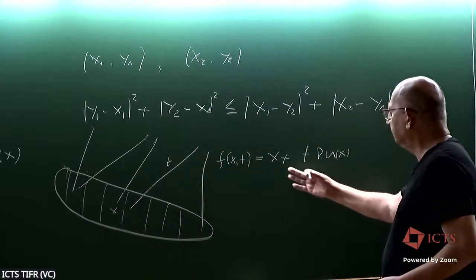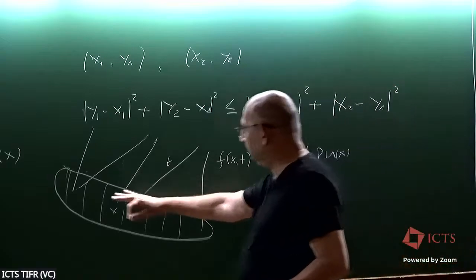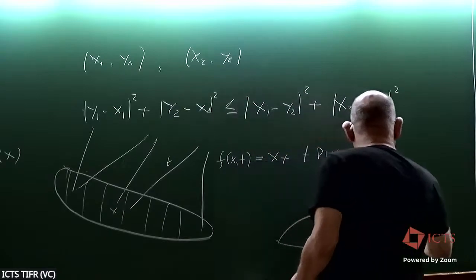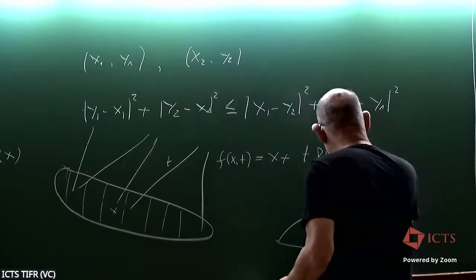And then on the space x times t, in this way we rectified all these curves. They now look something like this.